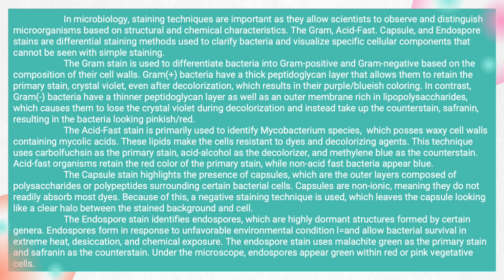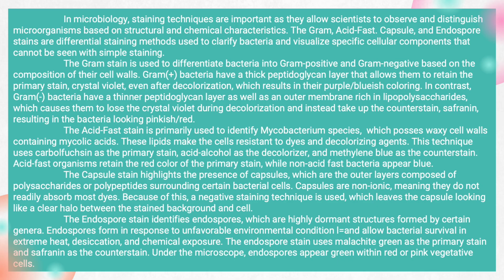In contrast, gram-negative bacteria have a thinner peptidoglycan layer, as well as an outer membrane rich in lipopolysaccharides, which causes them to lose the crystal violet during decolorization, and instead take up the counterstain, safranin, which results in the bacteria looking pinkish or red. The acid-fast stain is primarily used to identify Mycobacterium species, which possess waxy cell walls containing mycolic acids.